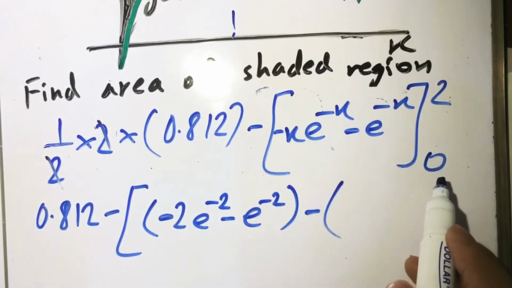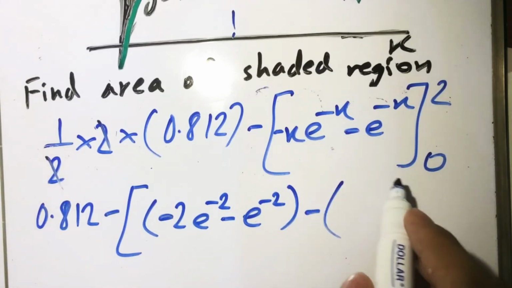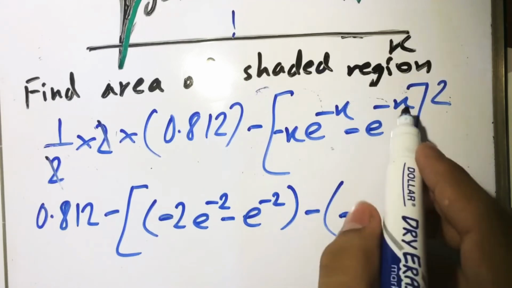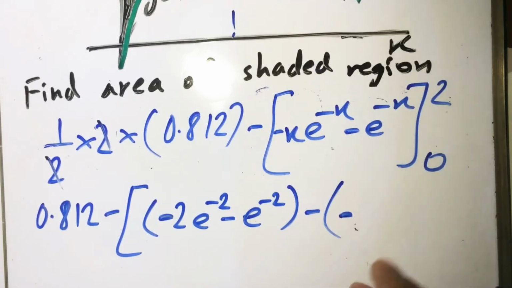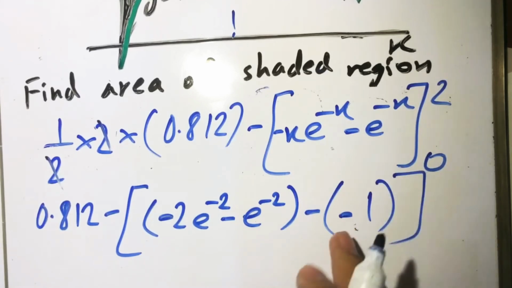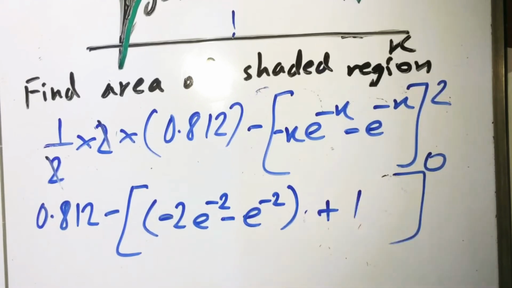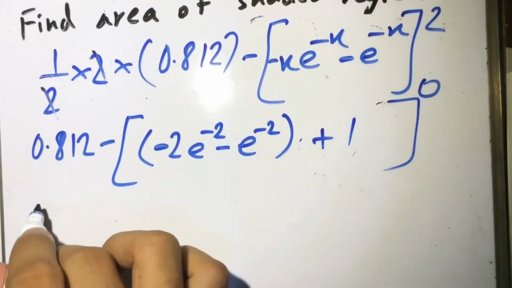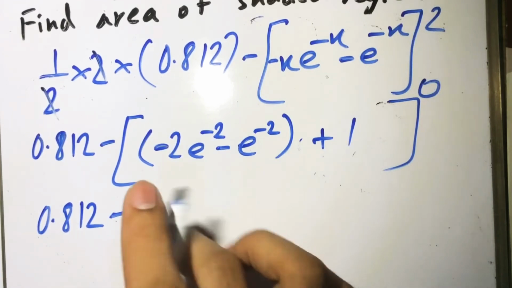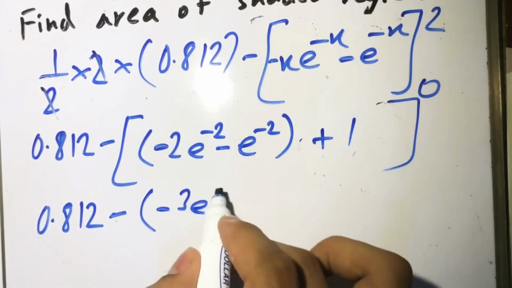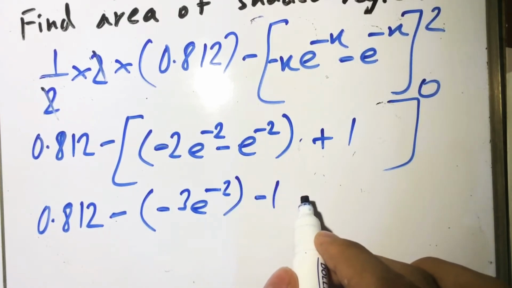minus. Now when we substitute 0 in place of x, 0 into e will be 0. So we leave that out, and then over here minus e to the power minus 0, that means e to the power 0, which means 1. Now minus and minus becomes plus, so plus 1. And 0.812 minus 3 e to the power minus 2 minus 1.